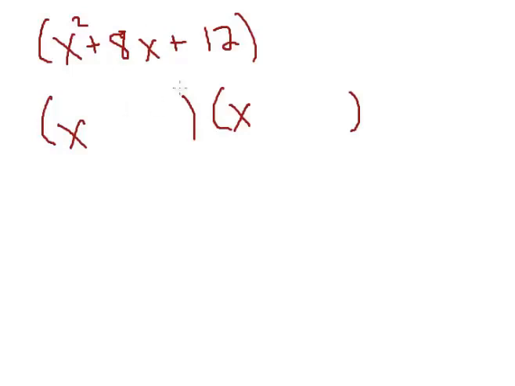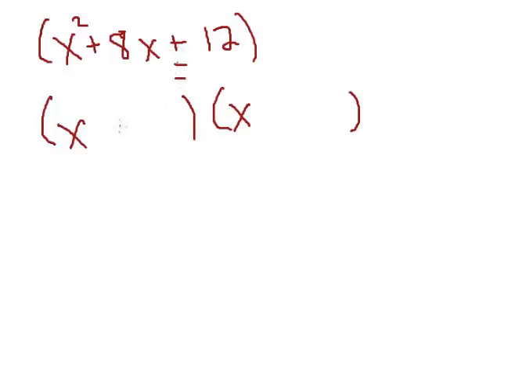Now, the next stage in making this determination about what these two numbers are is we need two numbers that are going to multiply up to this number up here, in this case, the 12. All the way over here, you see the 12. We need two numbers that are going to multiply up to the 12, because, remember, the last two numbers are going to multiply each other when we multiply back out. So the first thing we need to do is look at this sign over here.